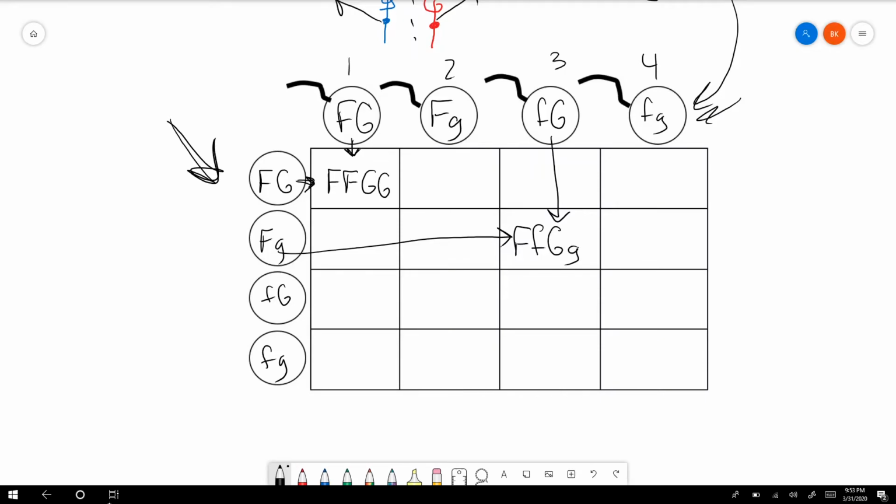Heterozygous for both. We'll see that there are some homozygous scenarios. So if we're doing this one and this one, the Fs are heterozygous. There's a big F and a little f. But notice for the G gene, there are two recessive. So we've got heterozygous for the F gene and homozygous recessive for the G gene. So that's how we basically fill out the Punnett square.